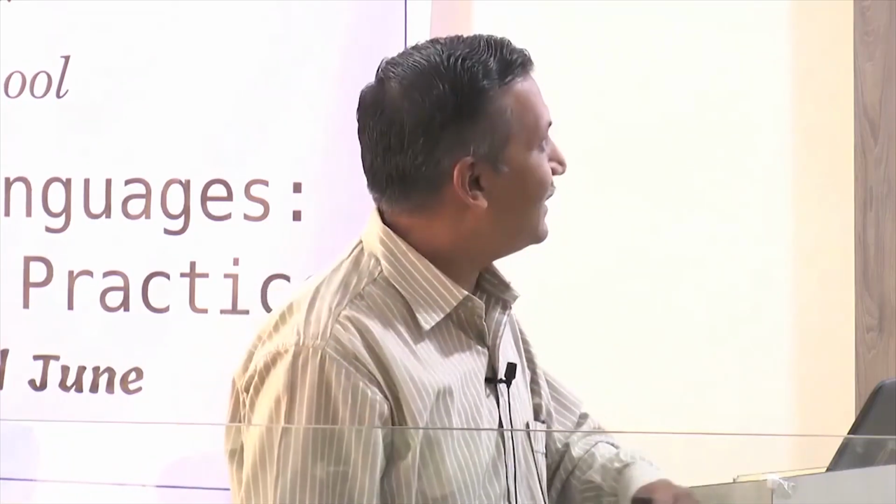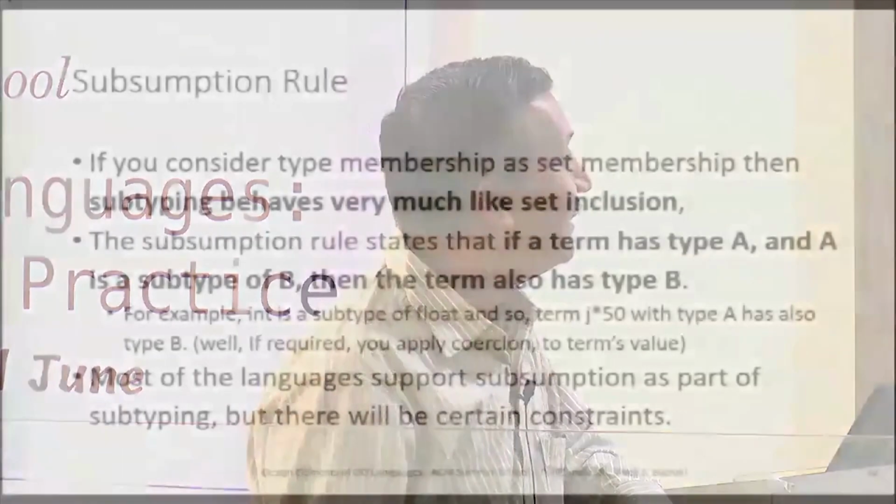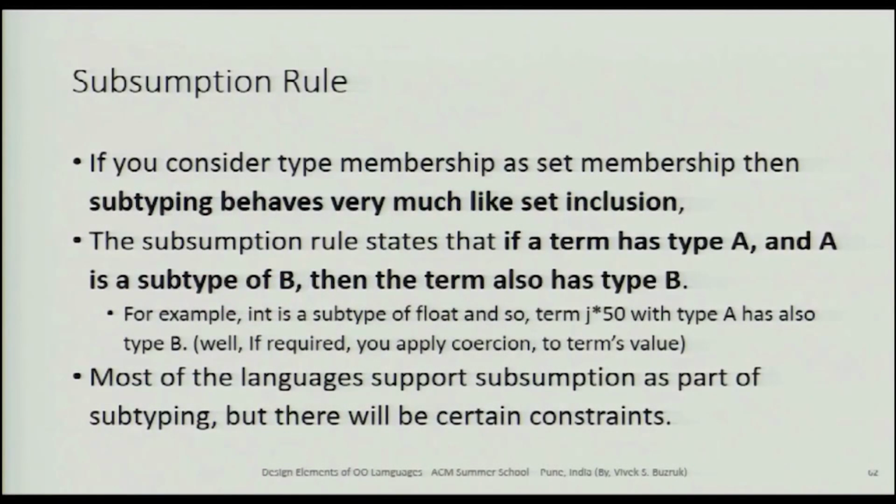This is very interesting, and not every language supports it, by the way. There will be restrictions, and we will talk about the restriction in Java that I know of. Array is one of the terms.